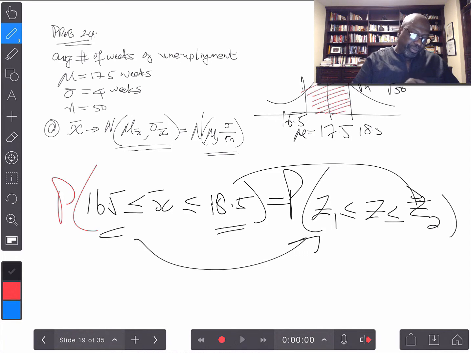I need to calculate the Z values, but remember what our Z score looks like: Z is X bar minus mu, divided by sigma over root n.